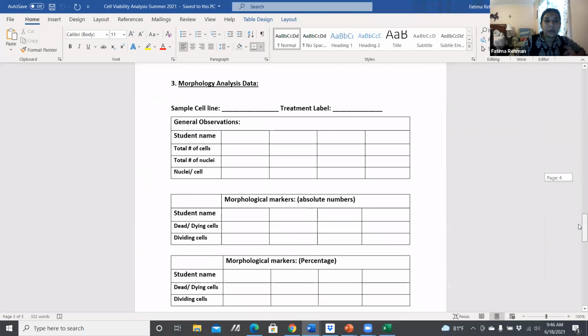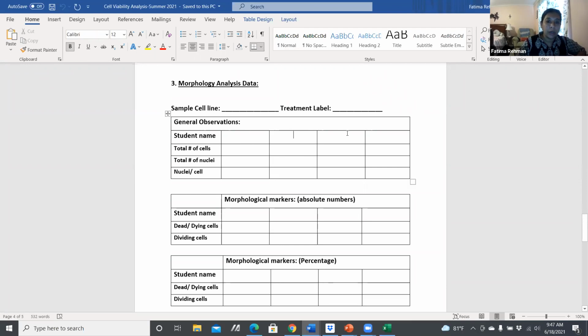The last thing you're going to be doing is morphology analysis. For morphology analysis, I'm going to come by your breakout rooms and assign you a sample cell line and a treatment label to examine for your particular group. Everyone is looking at the same image, but everyone is making their own observations.